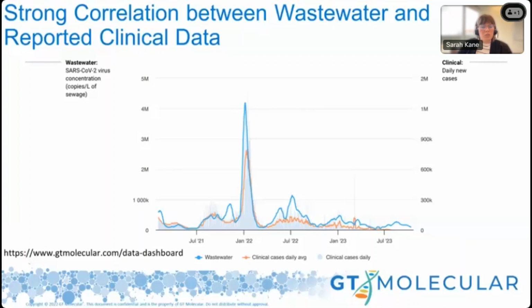It's also anonymous, so people don't have to worry about being discriminated against. You can't say that Sarah Kane provided X number of viral particles to the wastewater. You cannot identify a person from wastewater testing. So it's a very powerful tool and a very economic means to understand what's going on in a community at a given time.